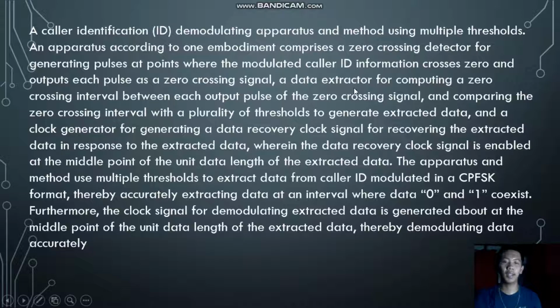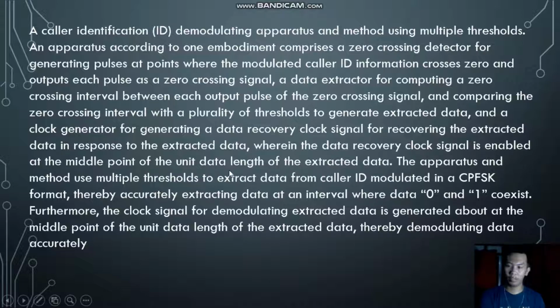A data extractor for computing a zero crossing interval between each output pulse and comparing the crossing interval with a plurality of thresholds to generate extracted data, and a clock generator for generating a data recovery clock signal for recovering the extracted data in response to the extracted data, wherein the data recovery clock signal is enabled at the middle point of the unit data length of the extracted data.